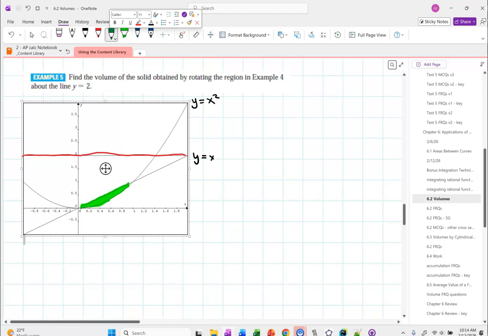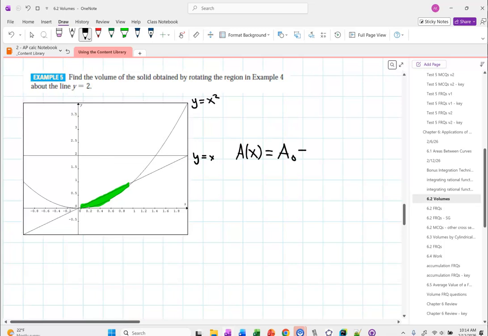All right, so what I'm going to draw now is, I know that I'm going to have a washer, right? Now I'm going to draw my R outer first.